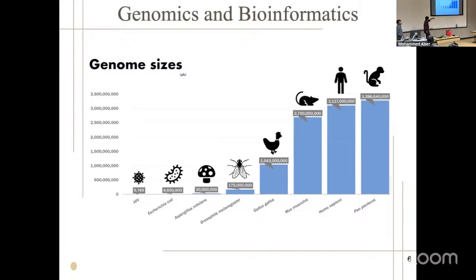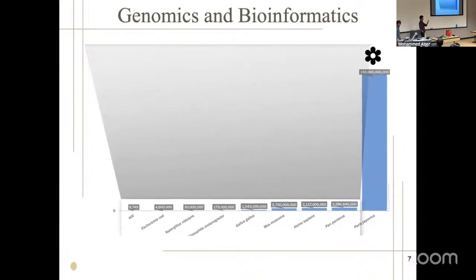In this image, you can see that for humans approximately 3.2 billion is the highest. Chimpanzee is also here, but what is more than that? Yeah, that's correct. There is one Japanese plant which has approximately 150 billion base pairs. That's exactly correct. You can get one Doritos.